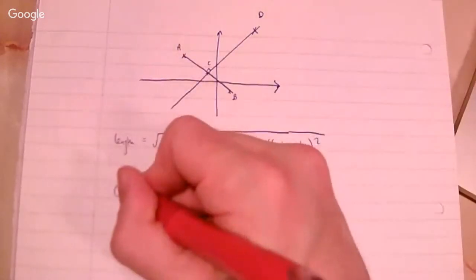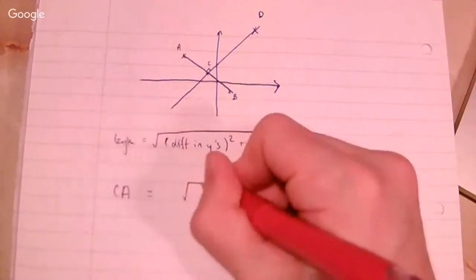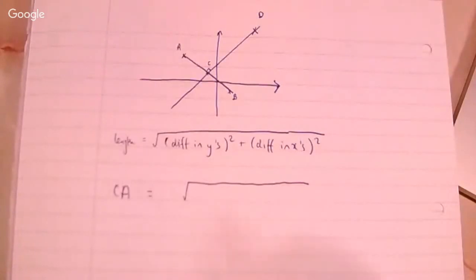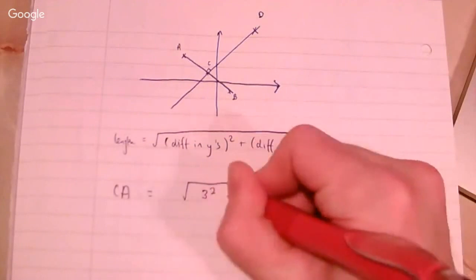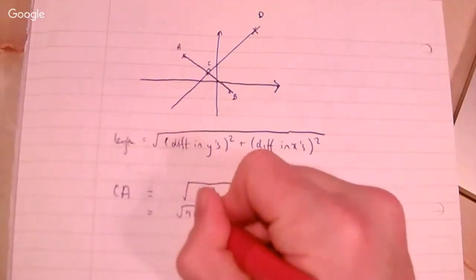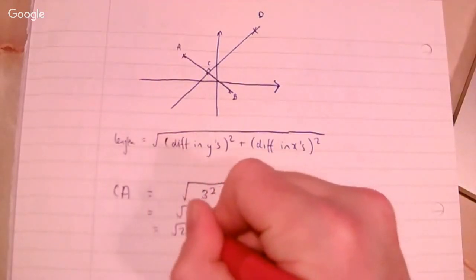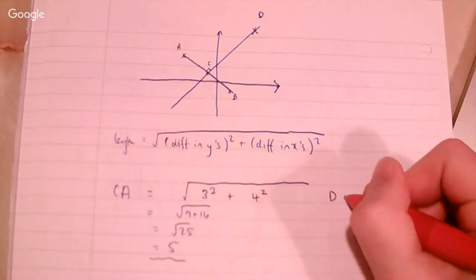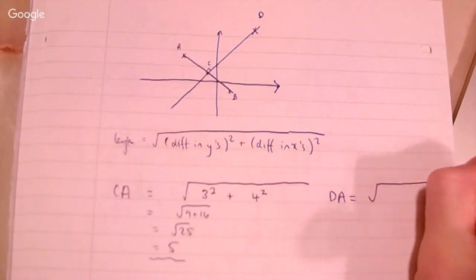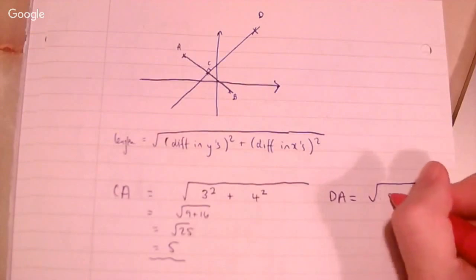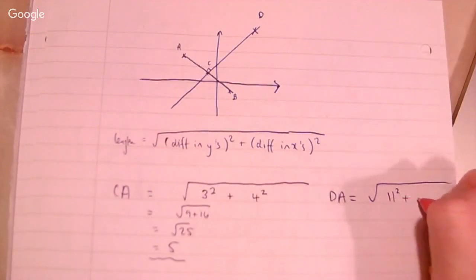So for CA, looking at the coordinates I've already worked out, the difference in the x's and the y's is going to be 3 squared plus 4 squared. That is the square root of 9 plus 16, which is the square root of 25, which is 5. Similarly for DA, it is the difference in y's squared plus the difference in x's squared.